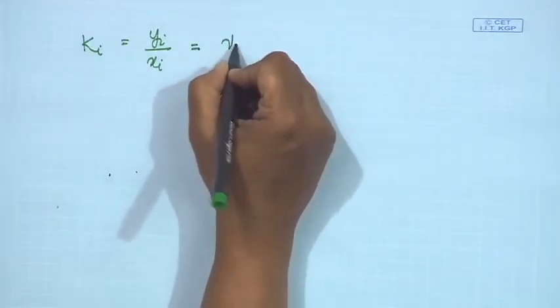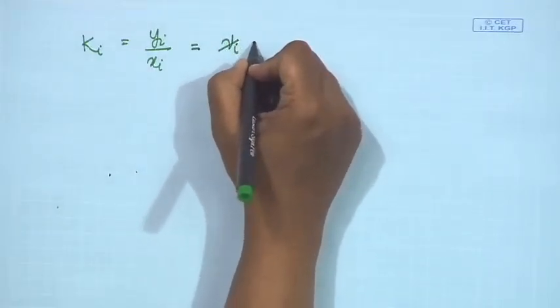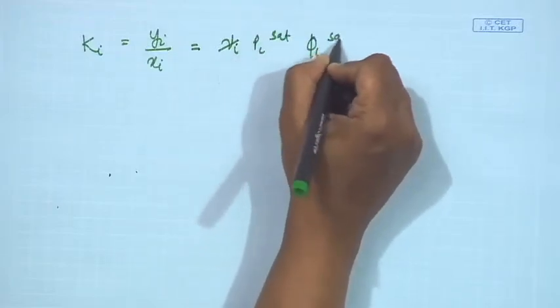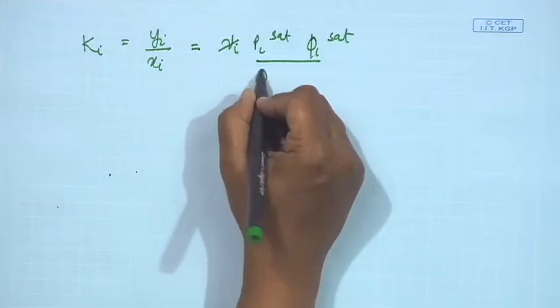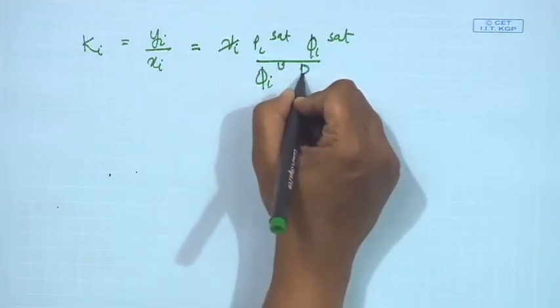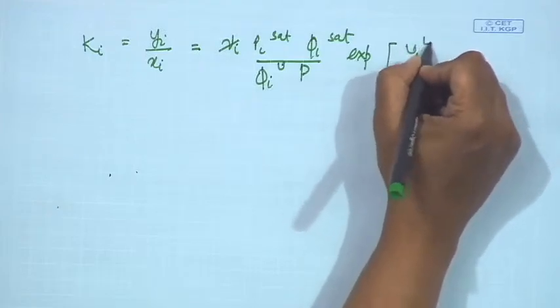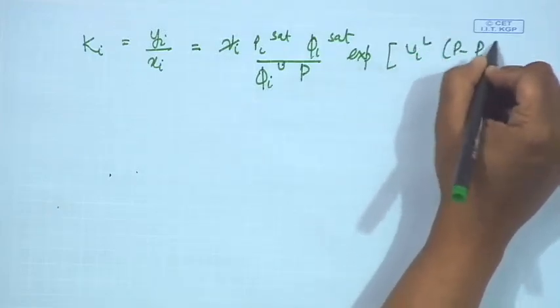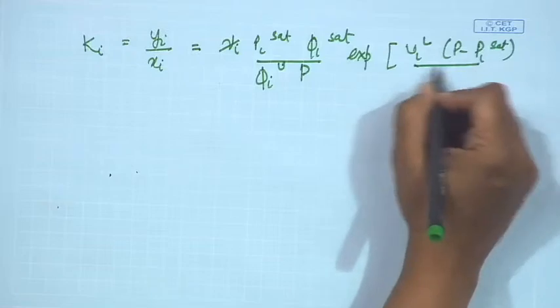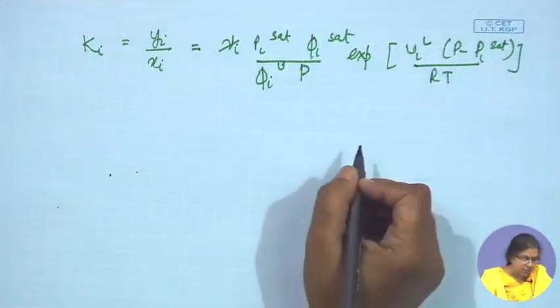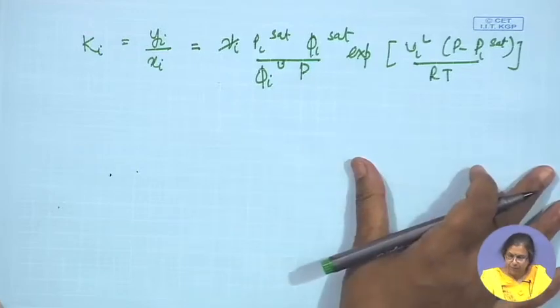It is gamma I, which is usually not there, Pi saturated, phi I saturated by phi I v into P. The exponential term definitely remains, because the liquid behaves as an ideal mixture, but if you are dealing with high pressures, then the Poynting correction factor can be found out.